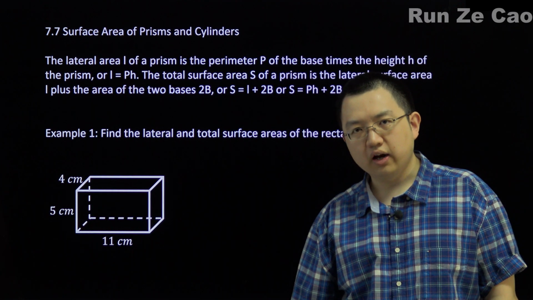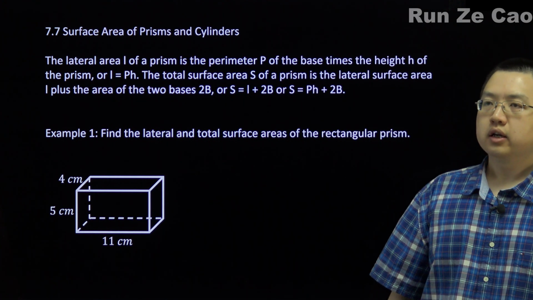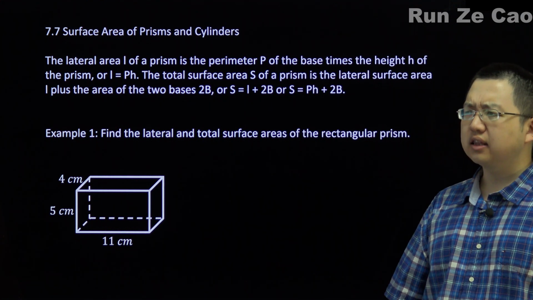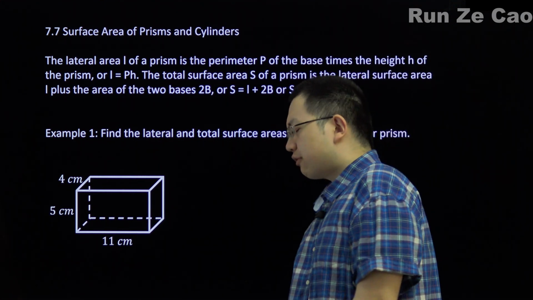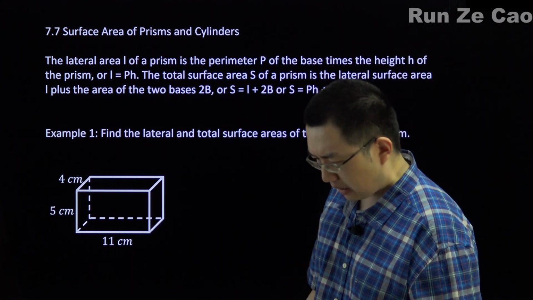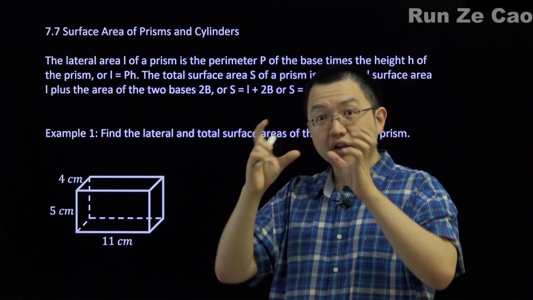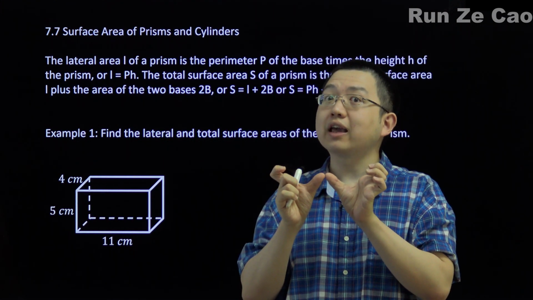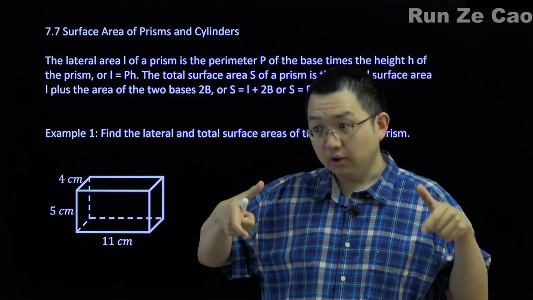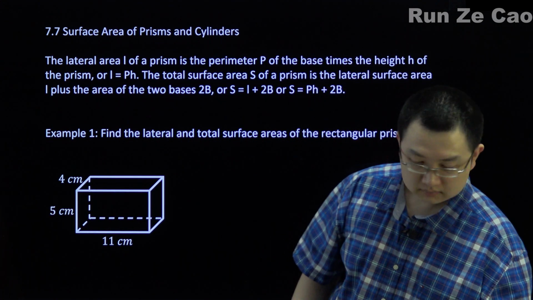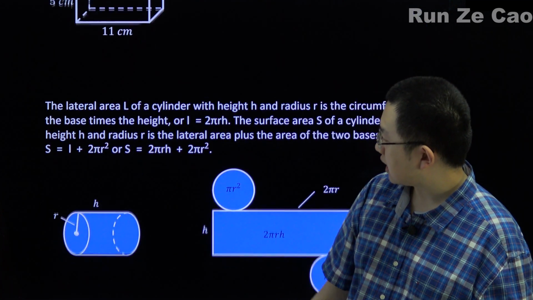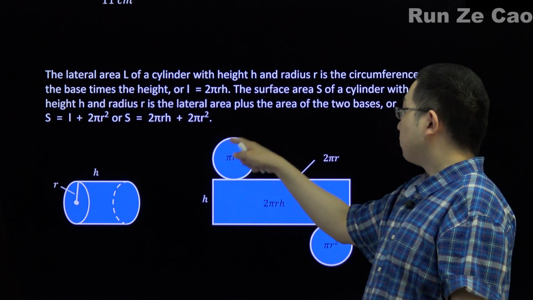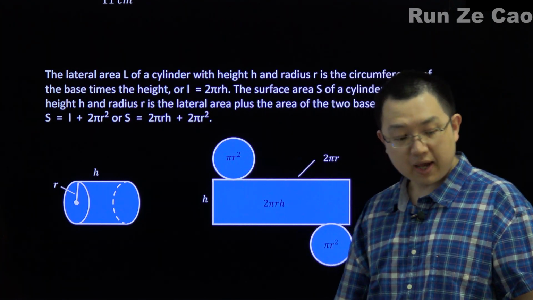The surface area of prisms and cylinders, you basically just add all the areas of the faces together. But how do you find the area of, say, the lateral face of a cylinder? Well, you know that if you unroll the cylinder, like say you cut open a toilet paper roll, you end up with a rectangle. What's the length of that rectangle? I mean, you know the width is equal to the height of the cylinder, as shown down here. But the length is the perimeter of the base.